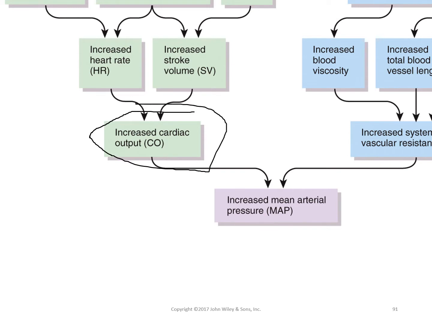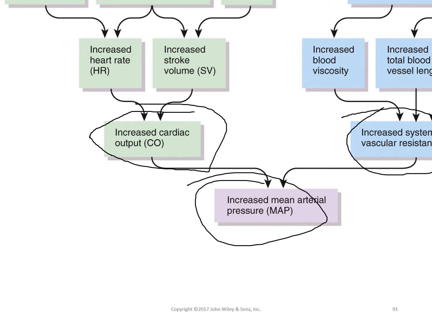Increased cardiac output will result. And the mean arterial pressure will go up because with increased systemic vascular resistance and increased heart rate, both, the mean arterial pressure would go up a lot.